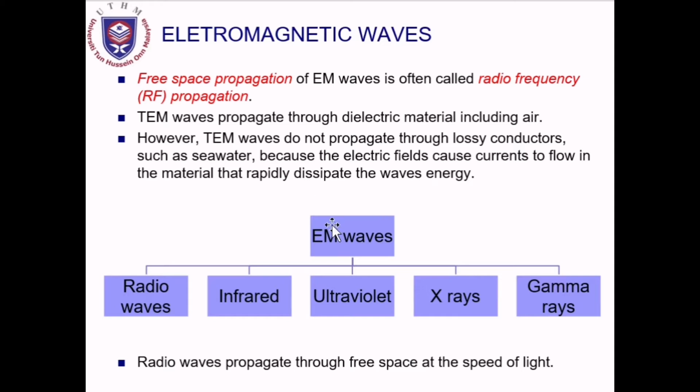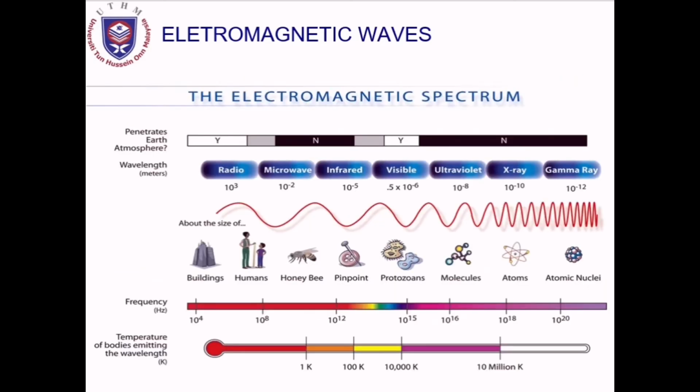This is the category of the electromagnetic wave. We have radio wave, infrared, ultraviolet, X-ray, and gamma ray. We also need to know that all radio waves propagate through free space at the speed of light. This figure shows the wavelength and the application of the electromagnetic wave.